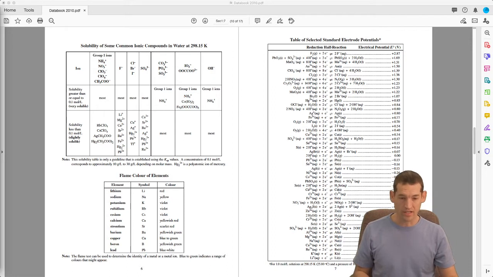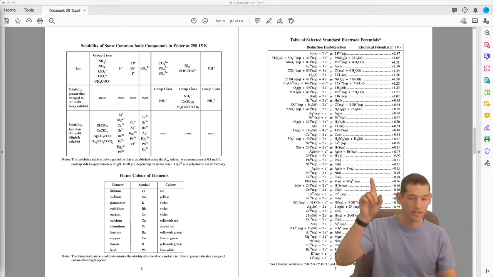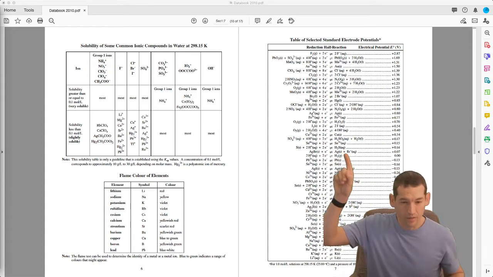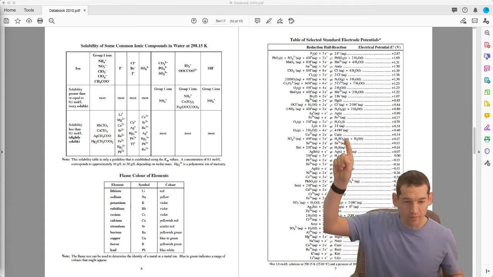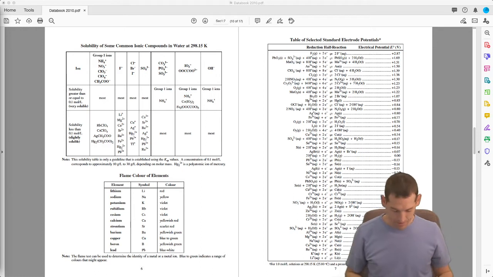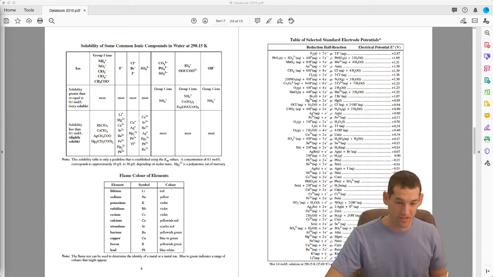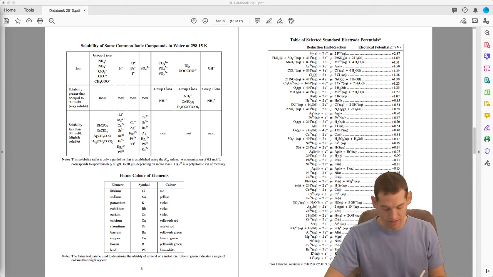And OH negative is just above. There's 4 OH negatives right there at positive 0.40. Okay, so out of the options, water is actually my strongest oxidizing agent in this case, and the hydroxide is my strongest reducing agent.